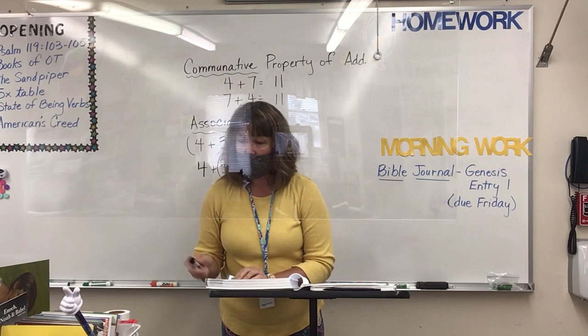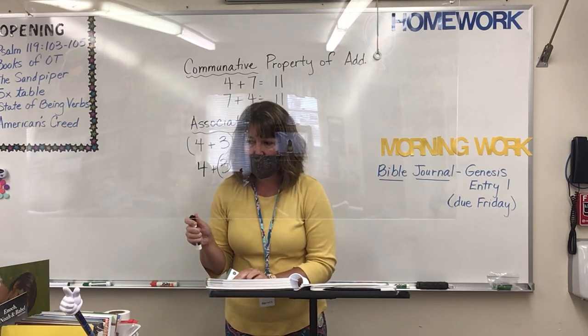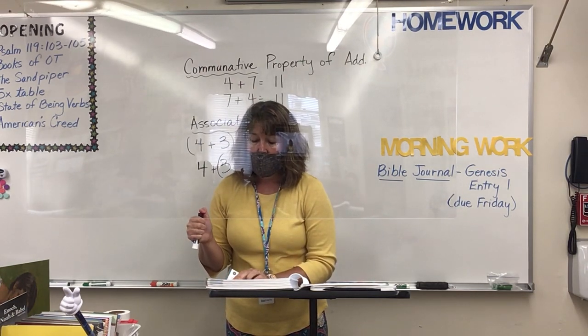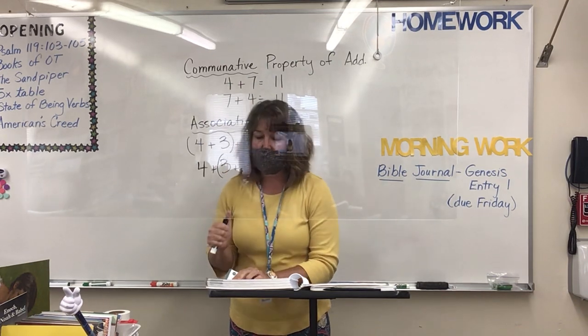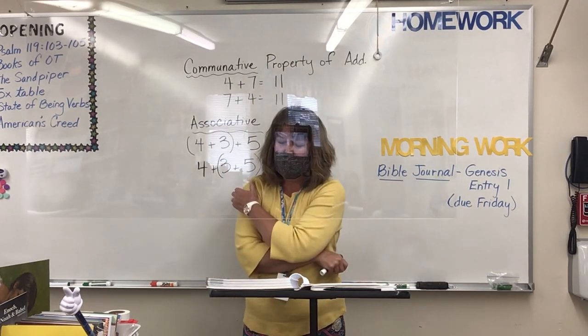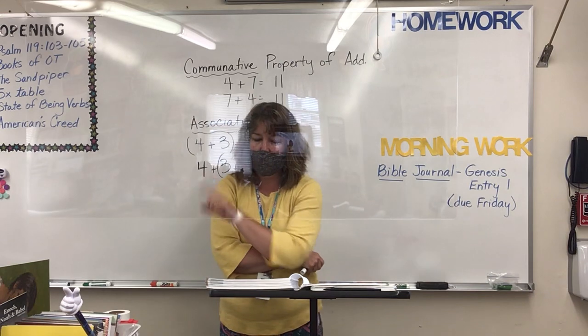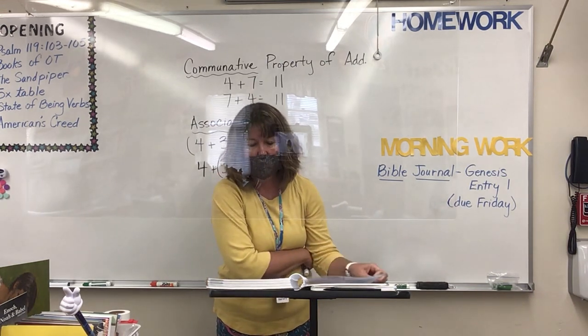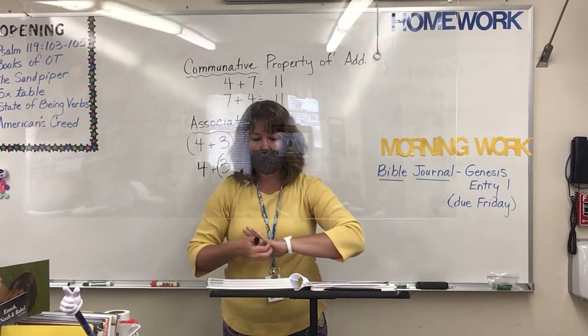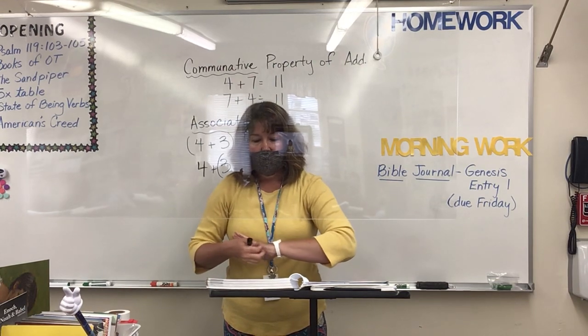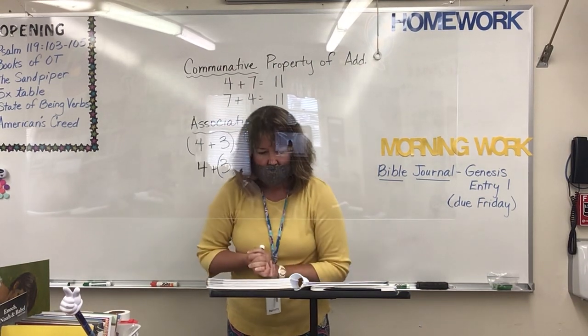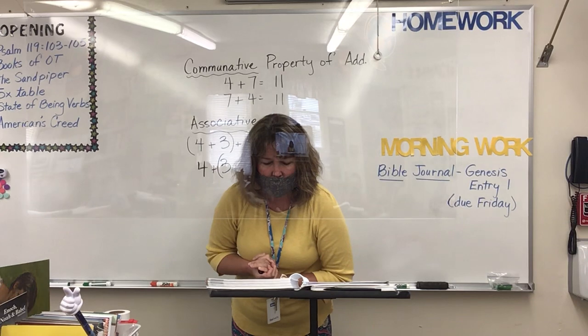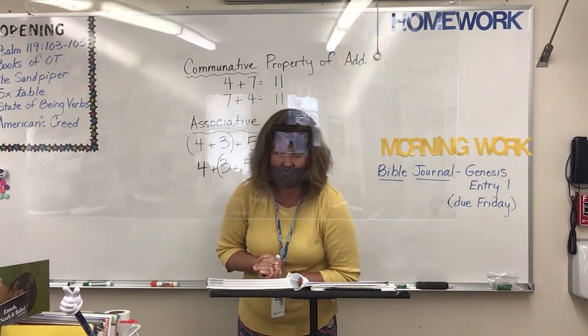So, open your math book to page 30. We did not finish page 30. Well, I tell you what, just hold off on that. Turn to 31. We're going to go back. Now, round each number to the nearest 10 to estimate.